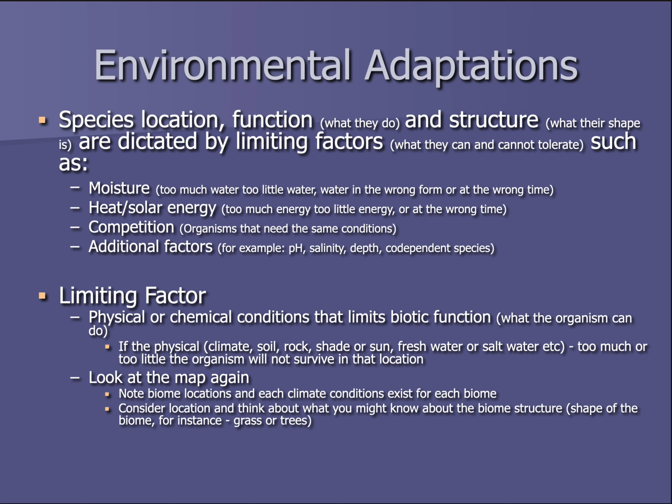So if it comes in as snow and there's too much snow for a particular species, that species is going to suffer. It might break its limbs, and if the wound on that plant is too great, then it's not going to survive. So the limiting factor is the ability to withstand particular types of moisture conditions.